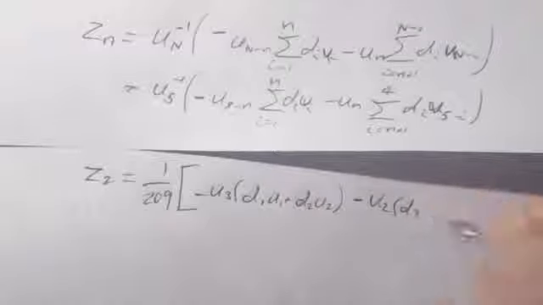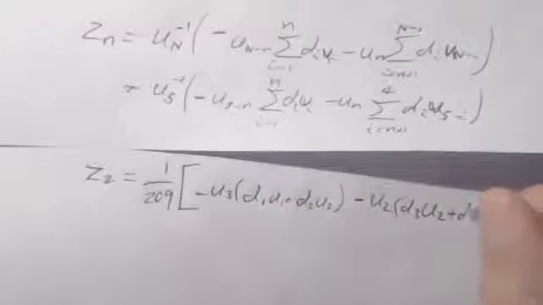We're going to have D3 U5 minus 3 2 plus D4 U1.